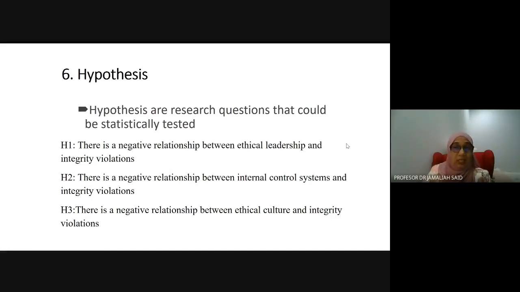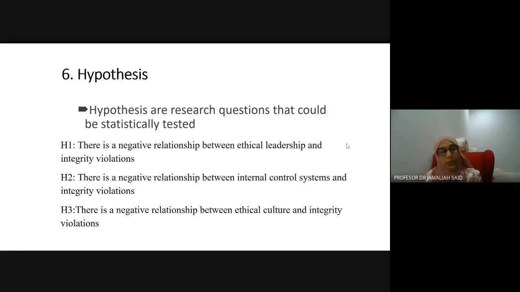Next is hypothesis. Remember, if you are doing qualitative, do not write a research hypothesis. Research hypothesis is only for those who are using quantitative. Normally we always match the research objective and the research hypothesis.